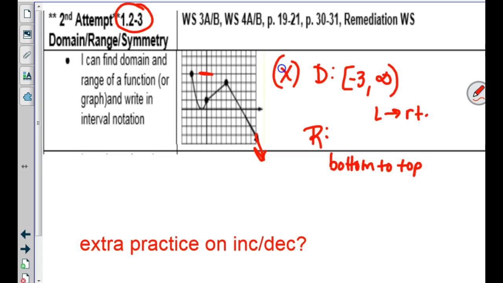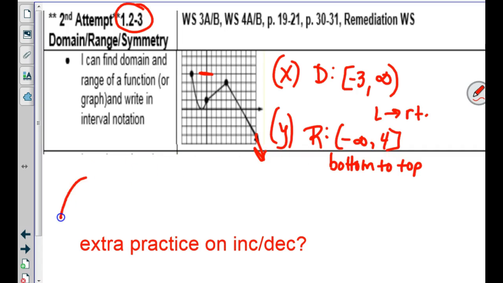Remember, these are x's and these are y's. So it's -infinity to 4. Unless there's an asymptote that it doesn't touch, or an open circle, it should be a solid, square bracket.